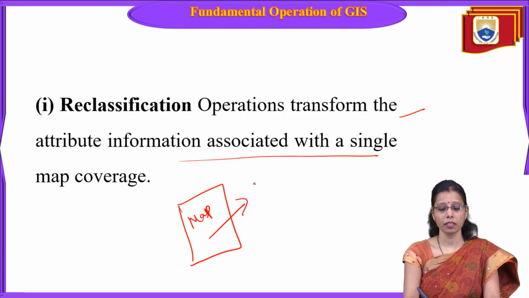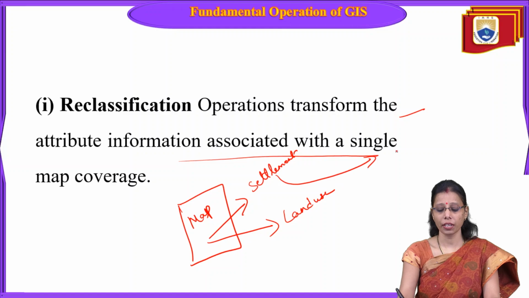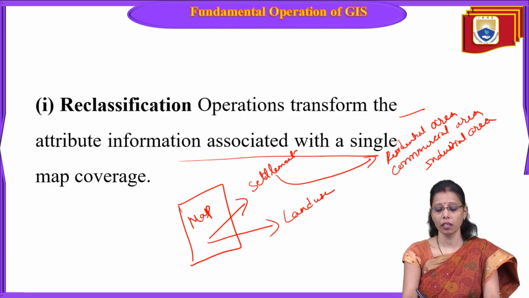We can broadly classify as settlement, or broadly classify as land use. In settlement, we can reclassify as residential area, commercial area, industrial area. So all these classifications can be reclassified.